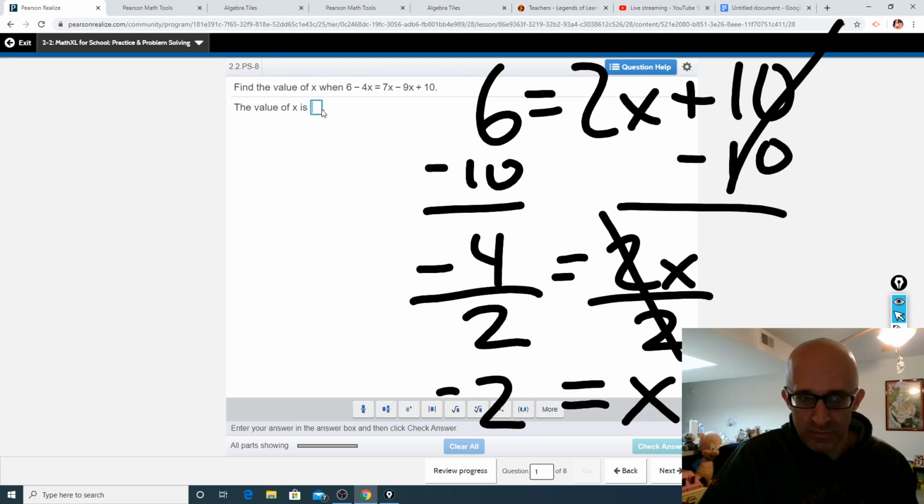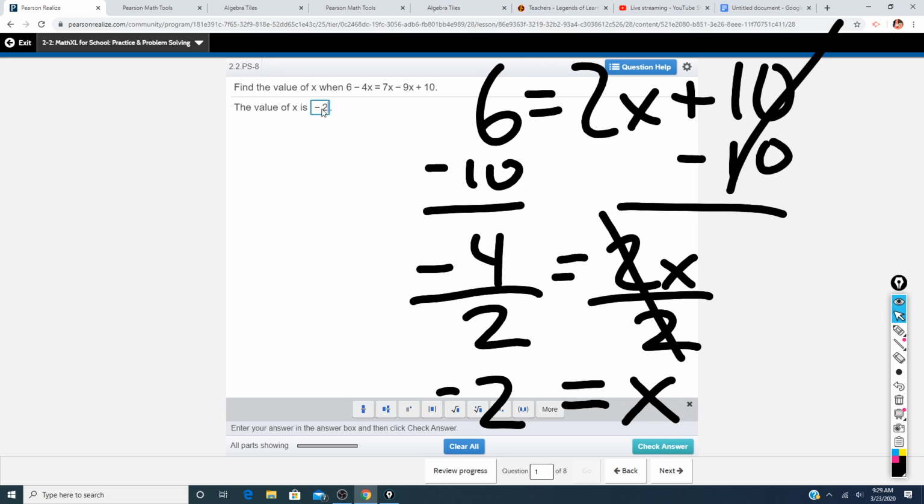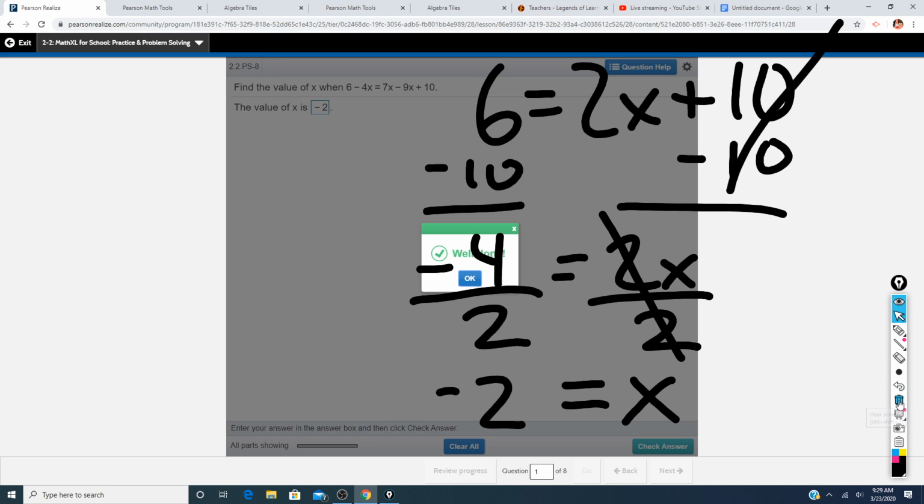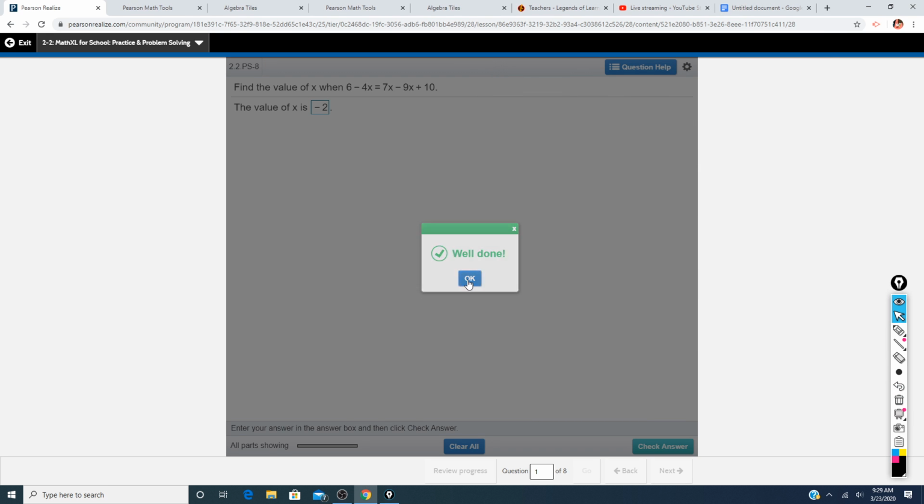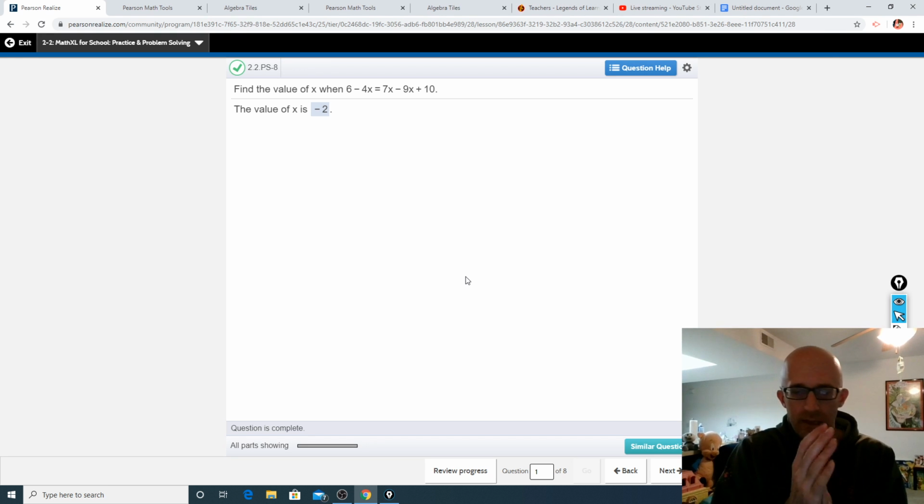So x should be negative 2. If I did everything right, which I did, you'll get your well done. Yay! So x equals negative 2.